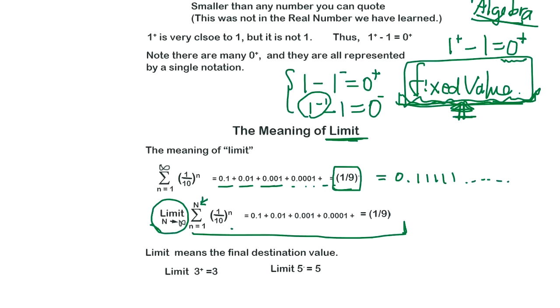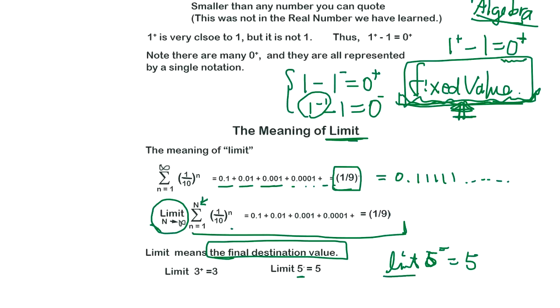So limit means the final destination value. Okay? So if you say limit of 3 plus, it goes to 3. If you have a negative limit, 5 minus goes to 5, because it is infinitely close to 5 from the negative side.